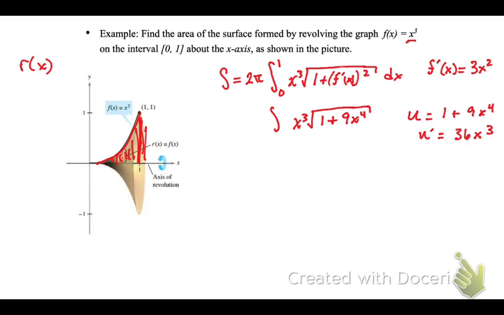So we're missing a what? 36. So we're going to have to bring out here a 2 pi over 36, and so I have pi over 18 times the integral of u to the 1/2 du.